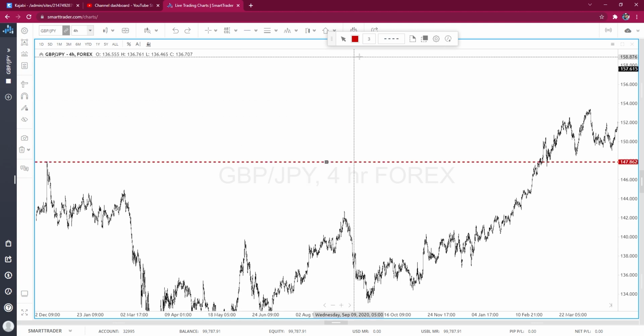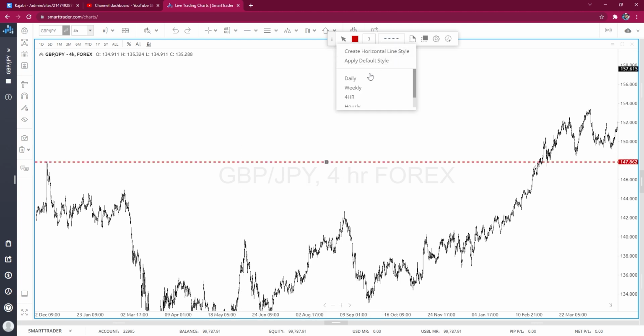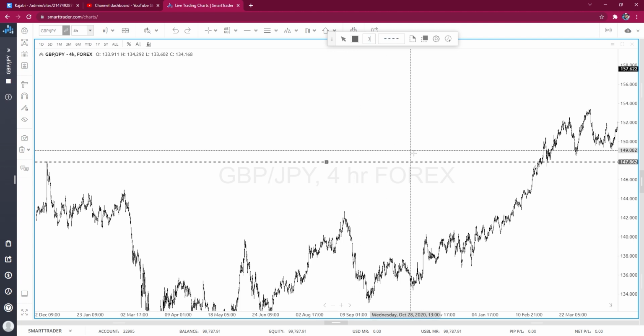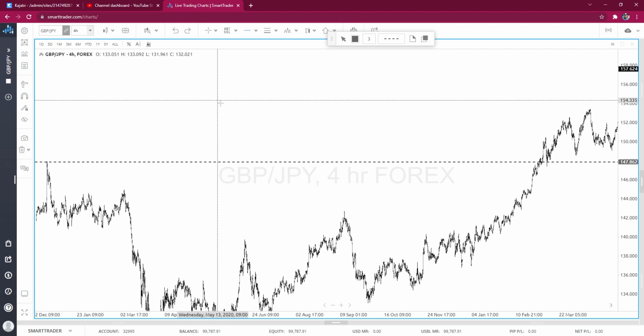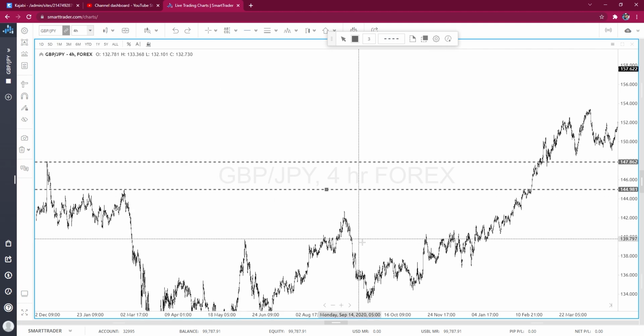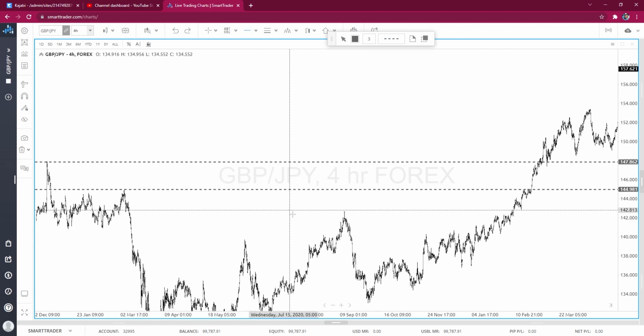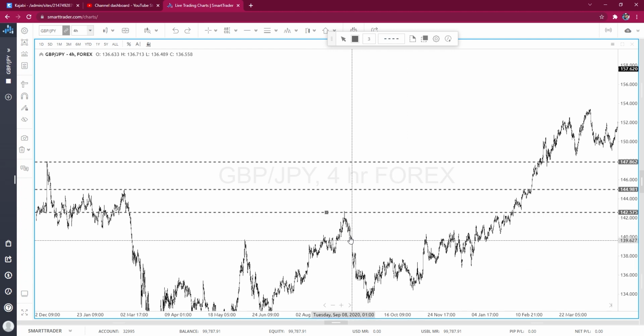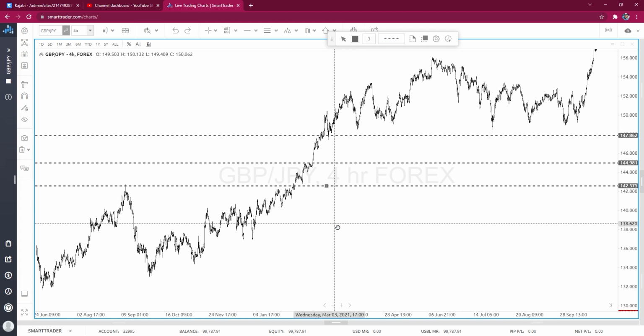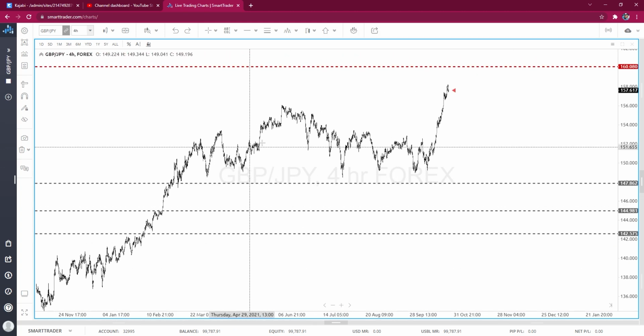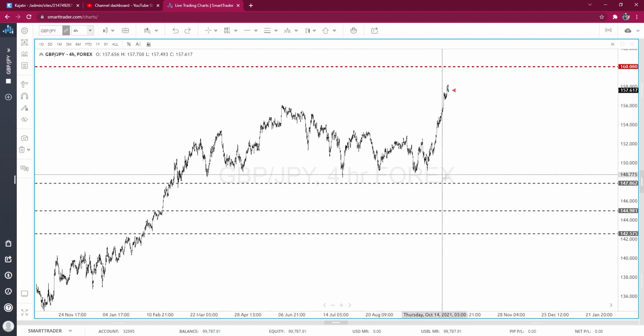I like this. So I'm going to change this over to 4 hour. This should be gray. We'll make it a little thicker so you guys can see. I like this level. And then I also like this level here. There is a level here as well. But right now, I'm only going to focus on these because we're so far up here.